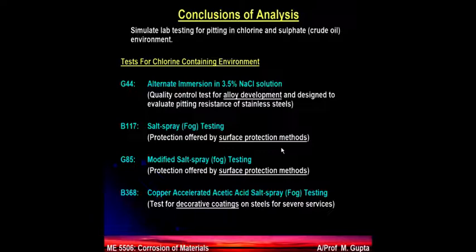Then you have the B117 salt spray fog testing that only analyzes the surface protection method. Again, modified salt spray for surface protection methods, and copper accelerated acetic acid salt spray testing, again for decorative coating. So obviously we are not talking about coatings here, we are talking about the bulk material. So once again these three are ruled out. So G44 was the one which was chosen.